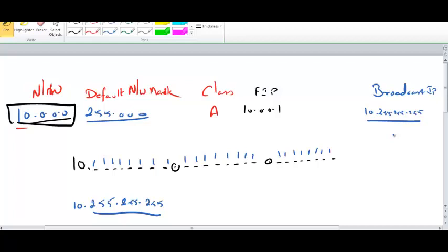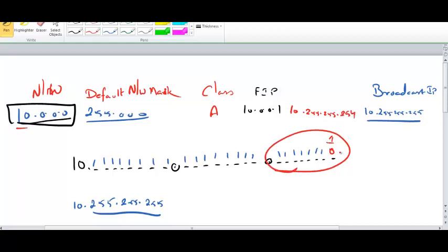Then what will be the last IP? The last will be, you put 0 here. This is the actual last, 10.255.255. What is the value in this place? It is 1. So total is 255 minus 1. What is it that you get?